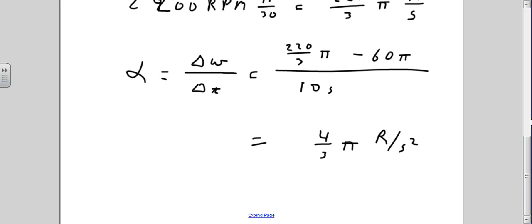And then we'd say, well, is that good enough? We have 3 significant digits in our answer, so we'd probably want 3 significant digits here, 4/3 times pi, 4.19. 4.19 radians per second squared.